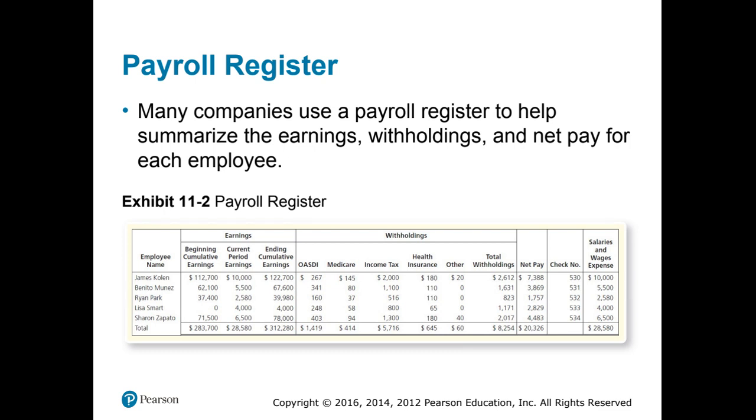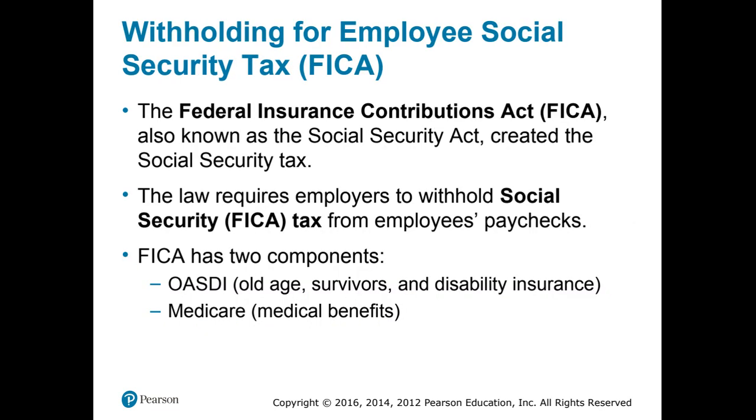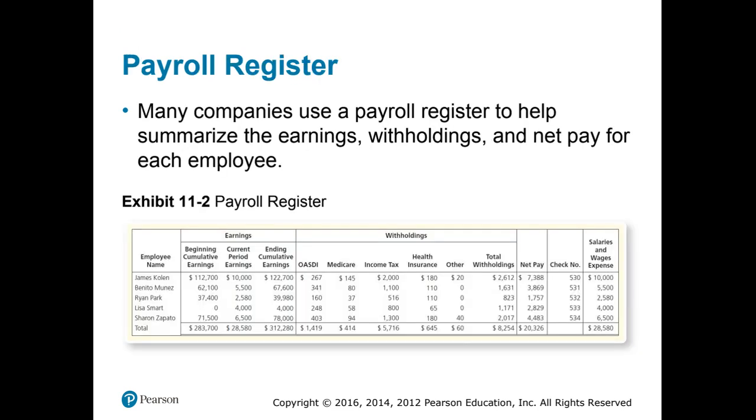So, for withholdings, we see that OASDI, which is old age, survivors, disability insurance. So we've taken $267 out for that, for him. And then we've also pulled $145 for Medicare, $2,000 for income tax, $180 for health insurance, and then $20 for something else, which then we calculate the total withholdings.